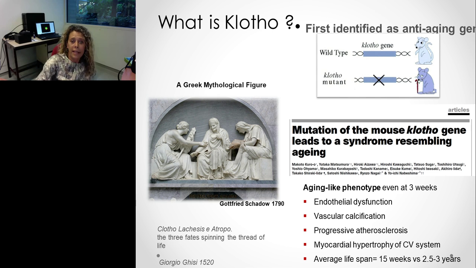And Klotho is released in the circulation as a small cleaved form, and of interest, the vesicles from the urine carried this soluble small form of Klotho. That's another proof that Klotho is present on the vesicles.